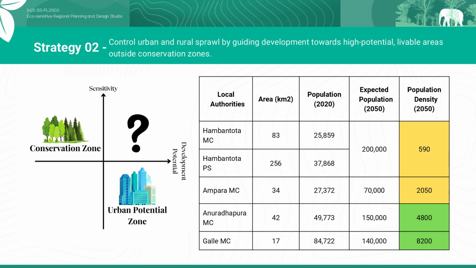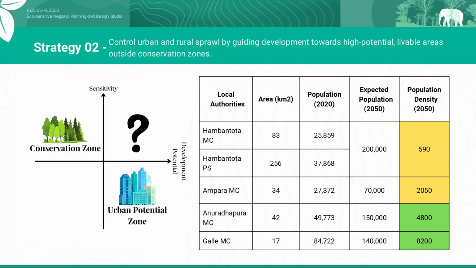When it goes to high sensitivity and low development potential, we can allocate that area for a conservation zone. But there are many areas in Sri Lanka which have high sensitivity and also high development potential.